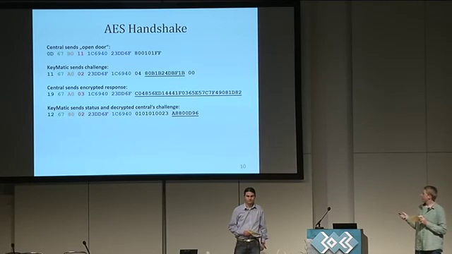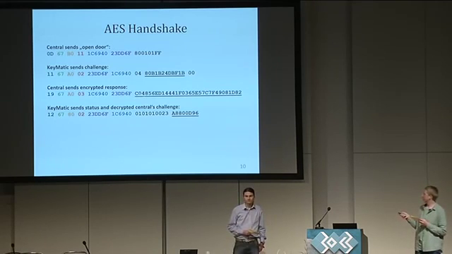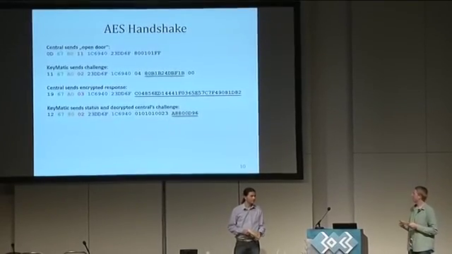The central encrypts this challenge with the AES key known by both devices, meaning encrypts this challenge with the known shared secret, and sends this encrypted message back to the KeyMatic. The KeyMatic decrypts the payload and then knows, okay, the central is my central and I'm allowed to unlock the door.